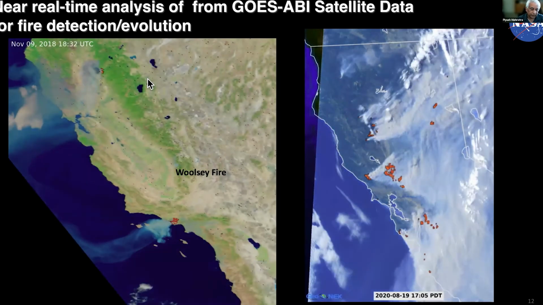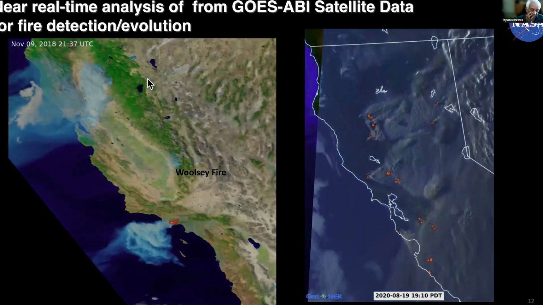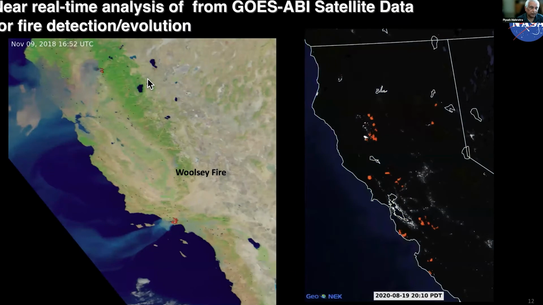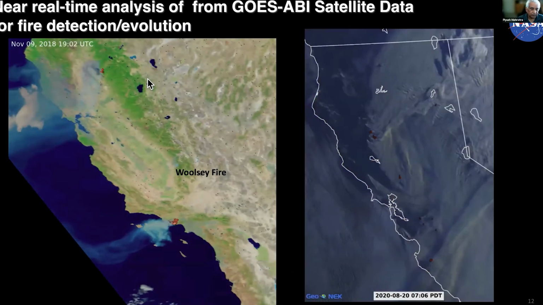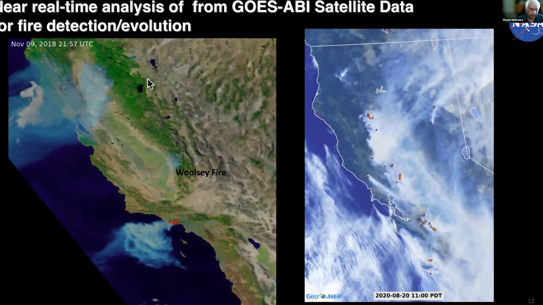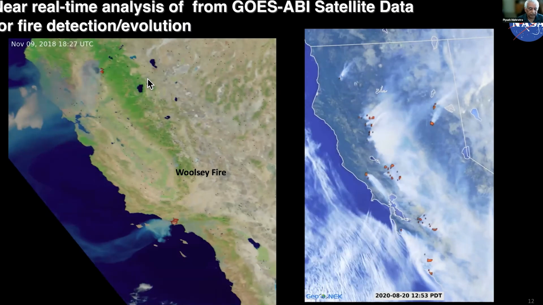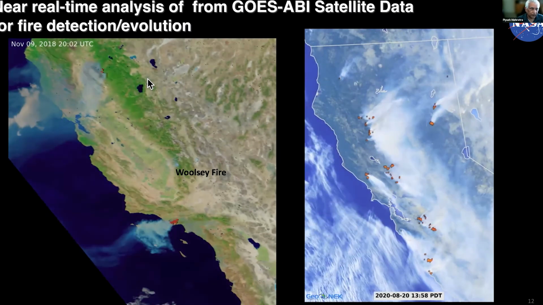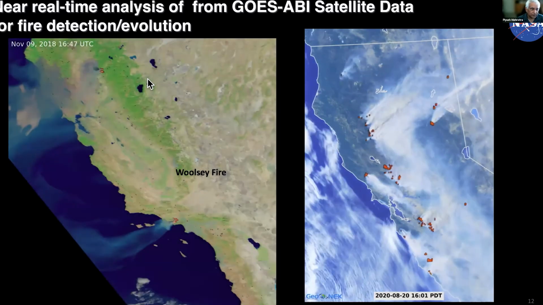On the left-hand side are visual images of the Woolsey Fire and the Camp Fire up in the north. The idea is to provide information to the firefighters as to what is the effect of the fire, where the smoke is flowing, and things like that.